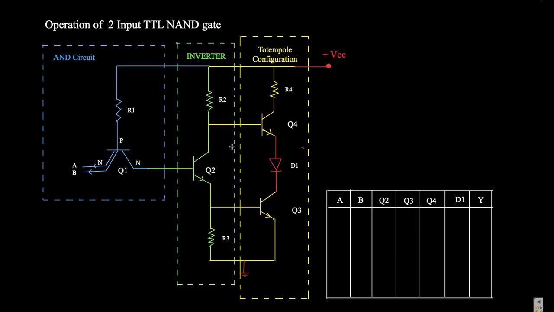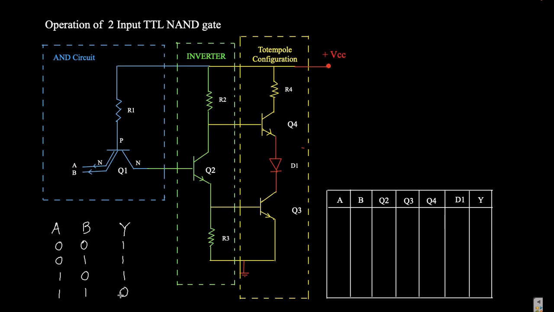Now, what is the truth table for a NAND gate? If A and B are the inputs and Y is the output, then for 0 0 the output is 1, for 0 1 the output is 1, for 1 0 the output is 1, and for 1 1 the output is 0.